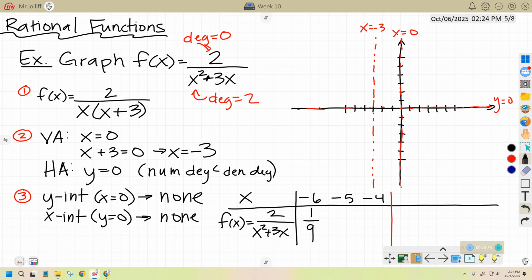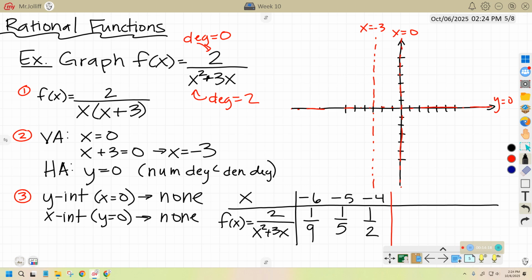Yep, we're just plugging it in. Substitute in the formula, spit out a value. 5 squared is 25. 5 times 3 is 15. 25 minus 15 is 10. 2 over 10 is 1 over 5. 4 squared is 16. 4 times 3 is 12. That's 2 over 4, which is 1/2.